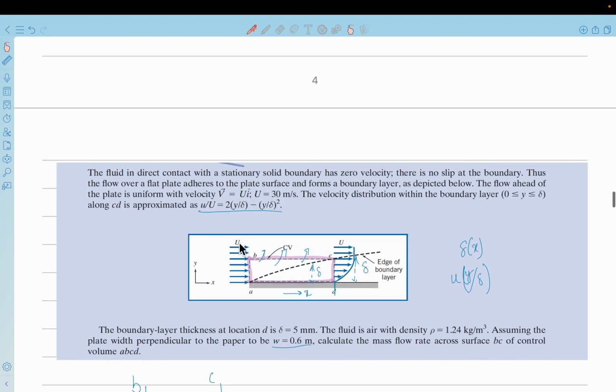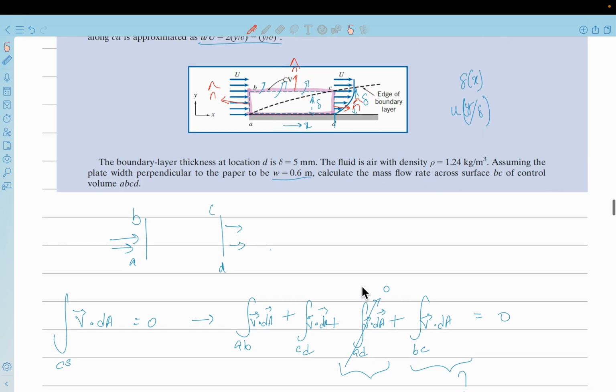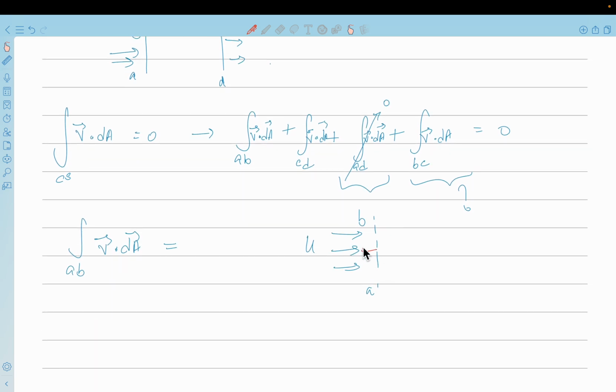So what is outwards over here? Outwards is in this direction. Here it is in this direction. Here it is in this direction. So I can say that your n cap is in fact minus x cap, and your velocity is nothing but u in x cap.